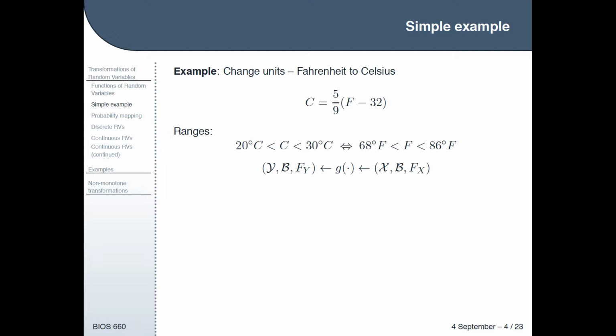After the transformation, the range would obviously go from 68 to 86. So basically what we're trying to do today is, given some random variable and some transformation to another random variable on some units, what would be the new cumulative distribution function and the new set of measurable sets and so forth for this new random variable.